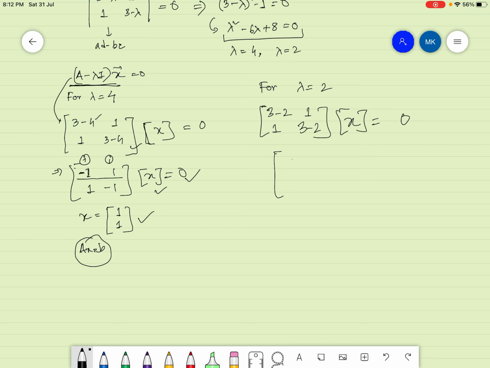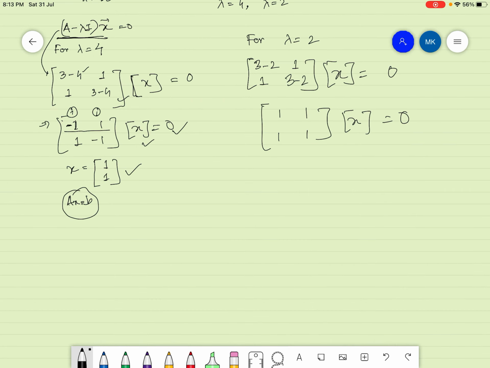So you'll have [1, 1; 1, 1], x equals 0. Again the answer is very intuitive, that is x equals [-1, 1], right? So these are two eigenvectors.